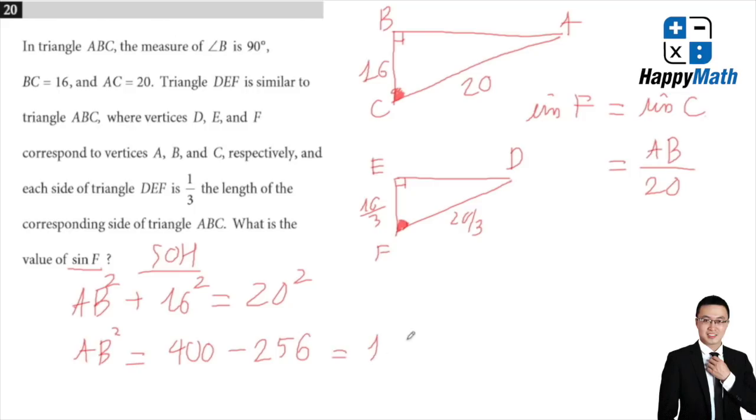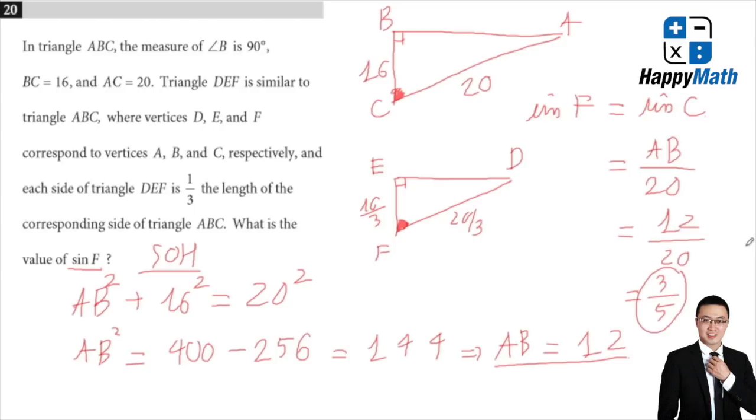This means 144. So AB will be equal to 12, because AB is a length, a positive number. So AB equals 12 means you got 12 here, 20 here, and simplify by 4. 3/5 will be my final result for this question.